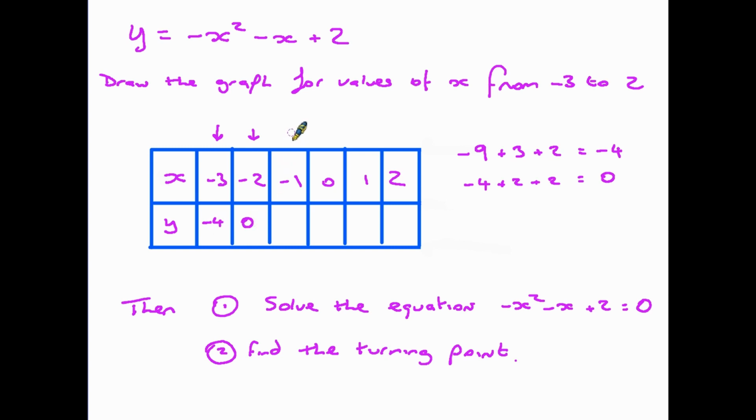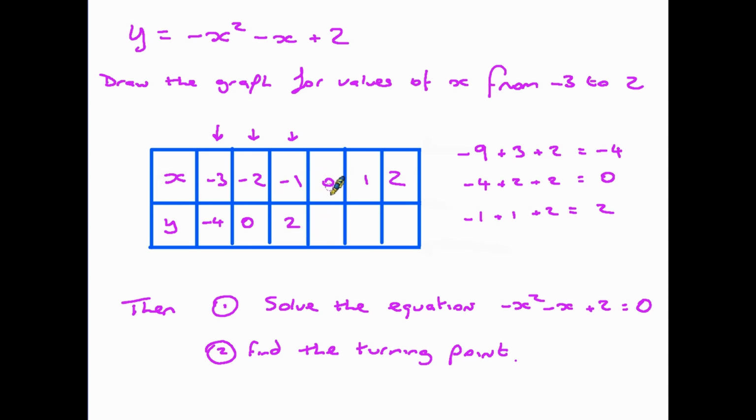We now have x is minus 1. Well, minus 1 squared is 1, but it's minus, so it's minus 1. We then have minus x, taking away a minus is a plus, so we have plus 1, and then we have plus 2 on the end, so minus 1 plus 2 equals 2.